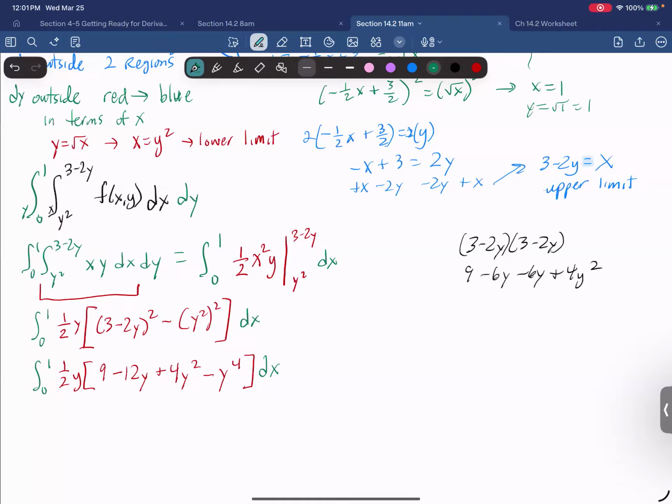Which is not actually what we want to integrate. We want to multiply that y in. We can move the 1/2 to the outside, which is helpful. But we are integrating 9y minus 12y squared plus 4y cubed minus y to the fifth. That should be a dy on the outside. I was writing dx.